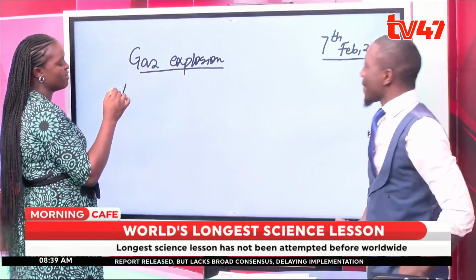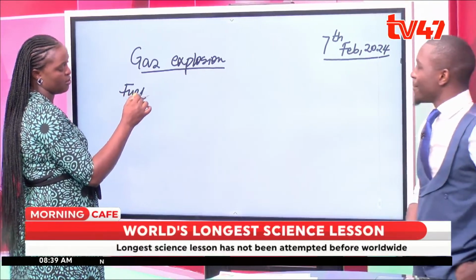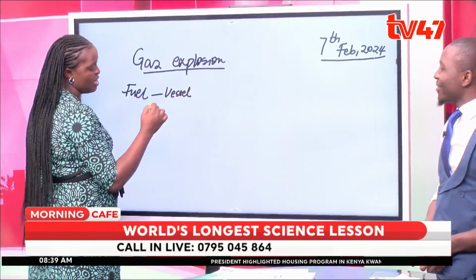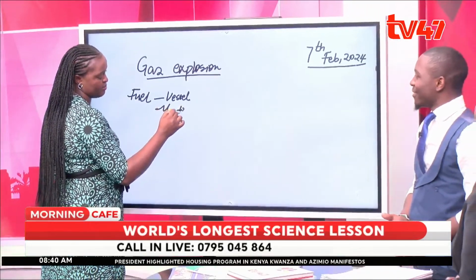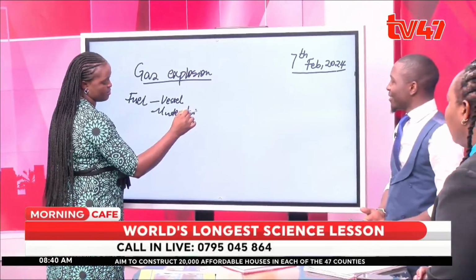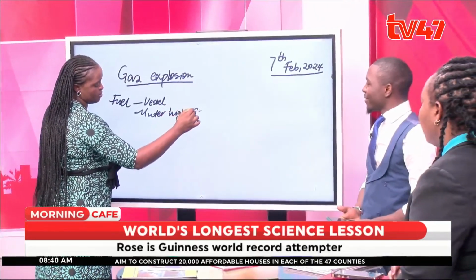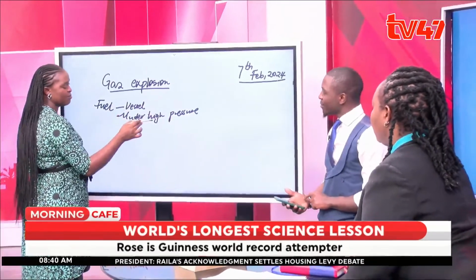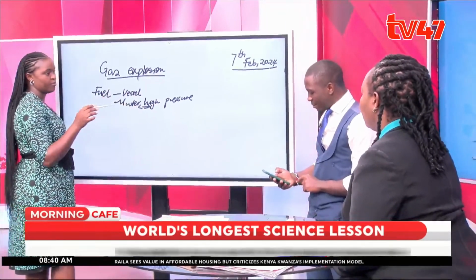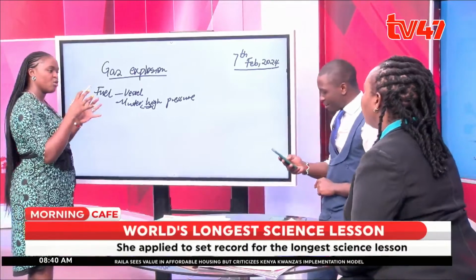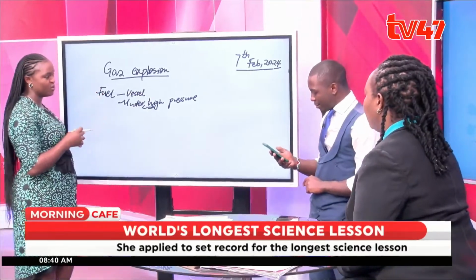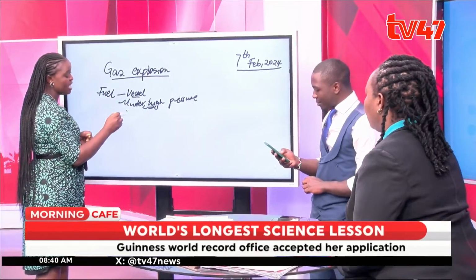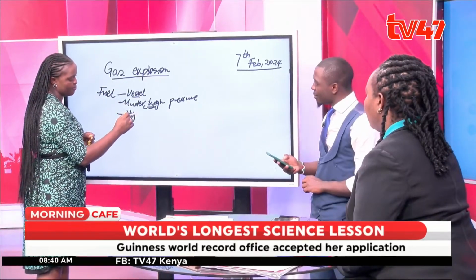Now, we have the fuel in a vessel under very high pressure. The fact that it is under high pressure means it's a lot of fuel compressed to fit in a small space, which is the vessel. And fuels are highly flammable.